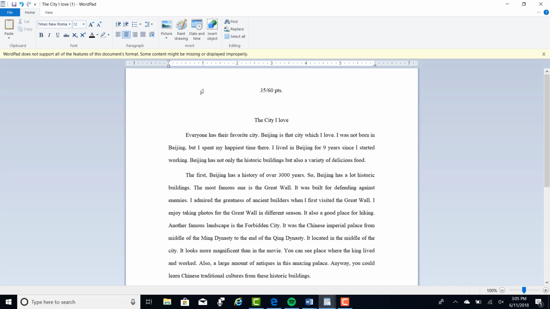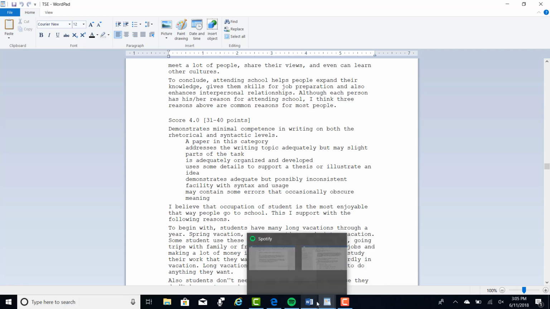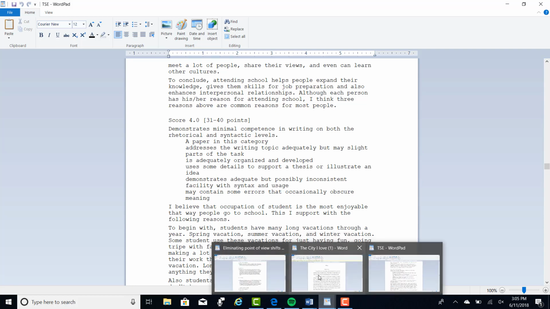This puts you in the middle of level 4, which is not where you want to be. You want to be level 6. So you need to make some changes with your writing if you want to get higher than 50 points out of 60. So that's the purpose of the video.